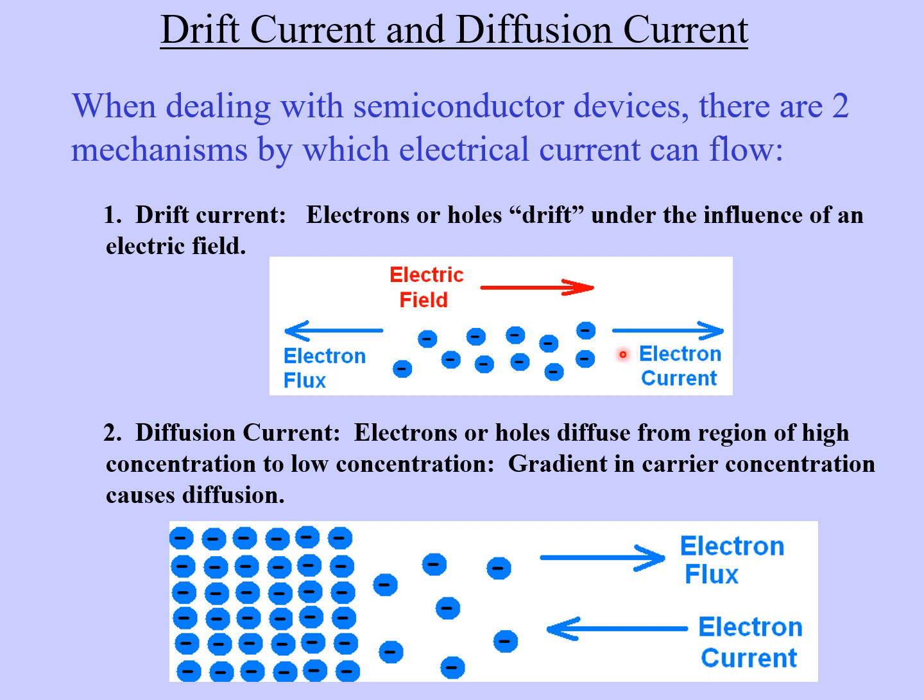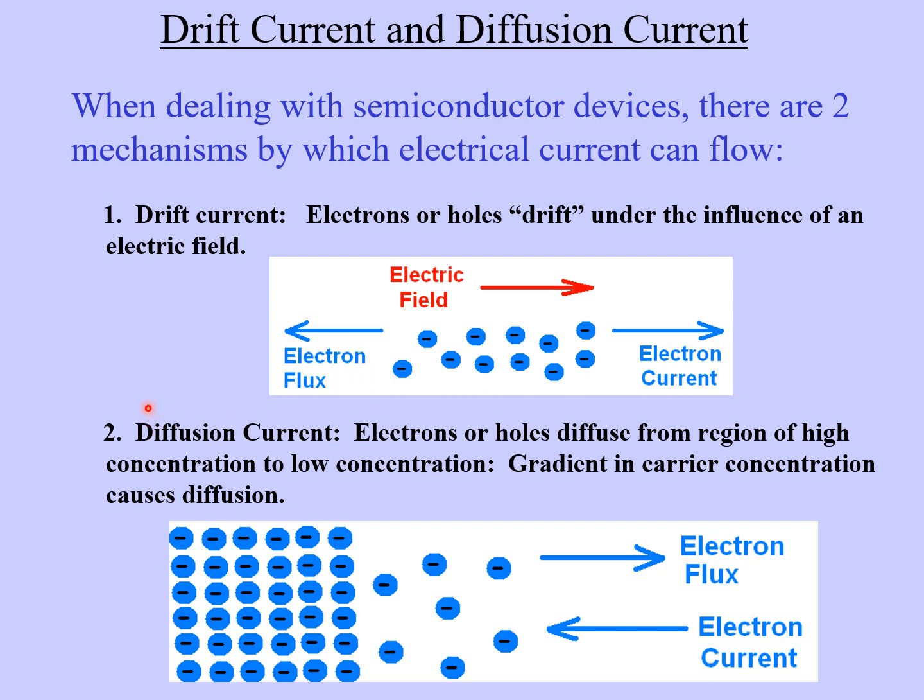So the electron current is to the right. And this is just one of the unfortunate and confusing things that we have to deal with when we talk about current. Whenever there's electrons involved, the actual current that we define is going in the opposite direction as the flow of the electrons.